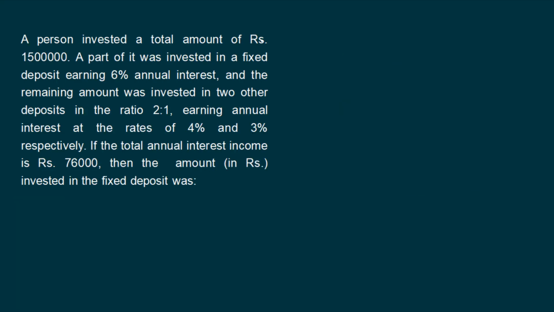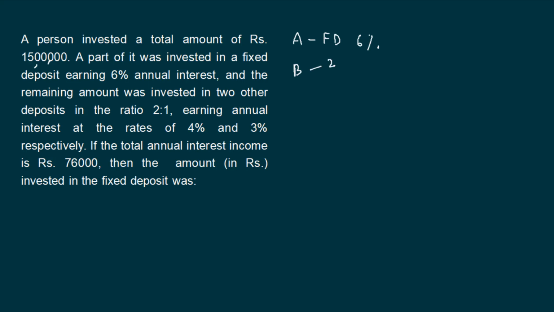A person invested a total amount of rupees 15 lakh. A part of it was invested in a fixed deposit earning 6% annual interest, and the remaining amount was invested in two other deposits in the ratio 2:1.